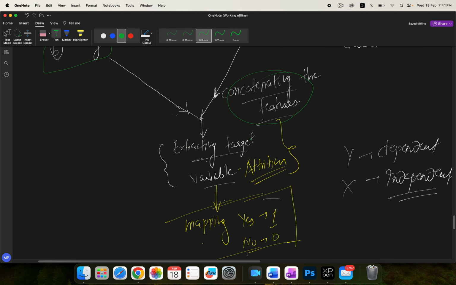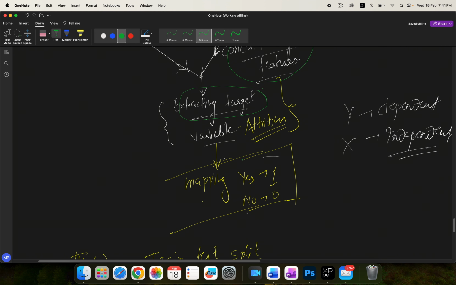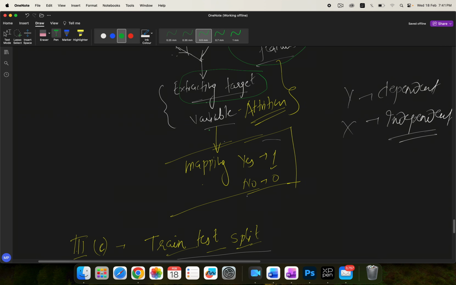After concatenating, we will extract the target and map it to yes and no. Let's say the person is diabetic, we will put it as yes or 1, and if the person is non-diabetic, it will be mapped as 0. So this is how we will be doing it.